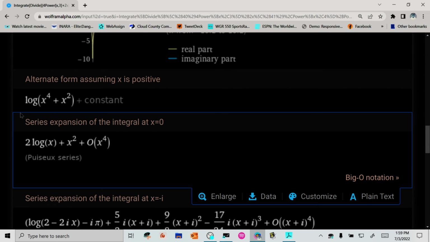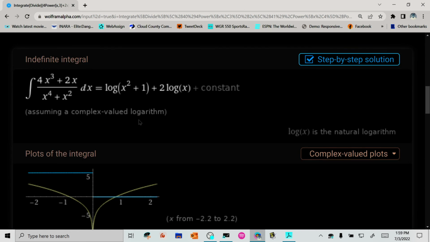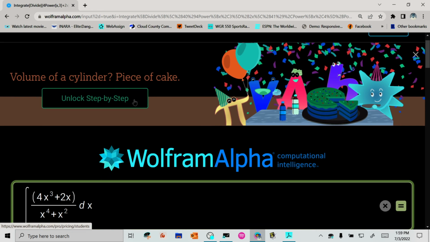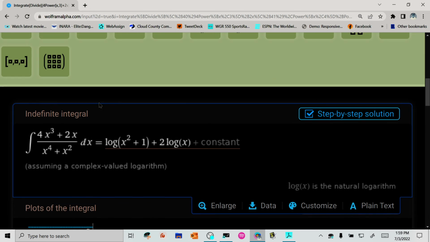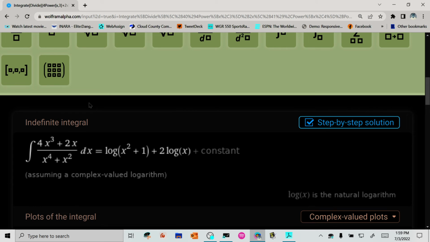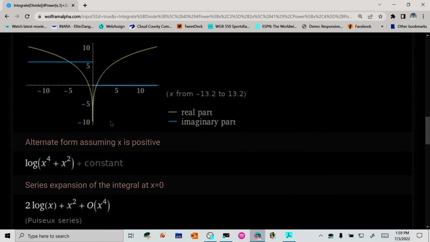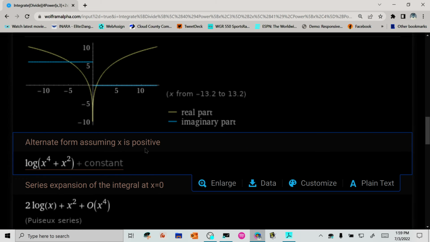But there it is. So FYI, a cool way of solving it. If you try putting this into the homework, you're probably going to get it wrong. I'm just going to tell you flat out. I don't think WebAssign will be able to recognize that as a legitimate solution, given that we are assuming x is a positive value.